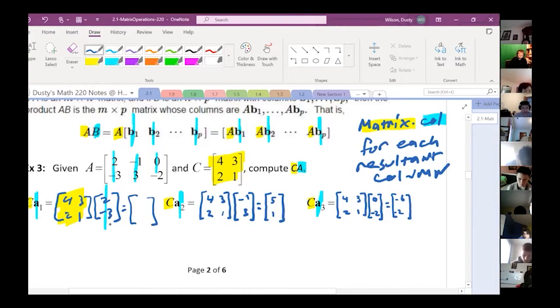You do row dotted with columns. So 4 times 2 is 8, minus 3 times negative 3, so minus 1. And then 2 times 2 minus 3 is 1. And so that will give me this result.